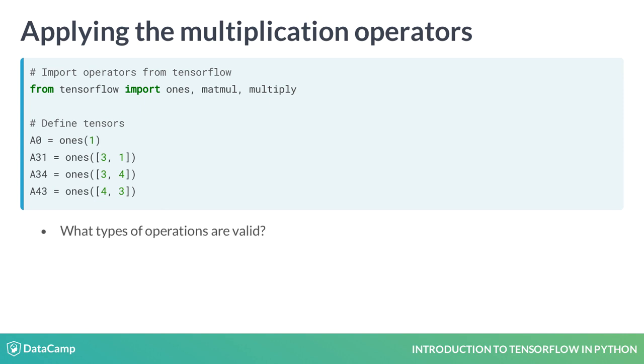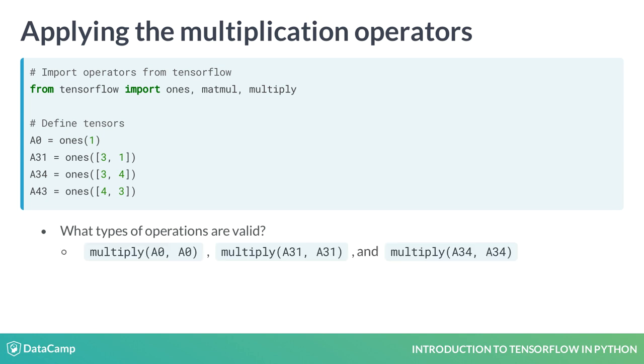What operations can be performed using these tensors of ones? We can perform element-wise multiplication of any element by itself, such as A0 by A0, A31 by A31, or A34 by A34. We can also perform matrix multiplication of A43 by A34, but not A43 by A43.